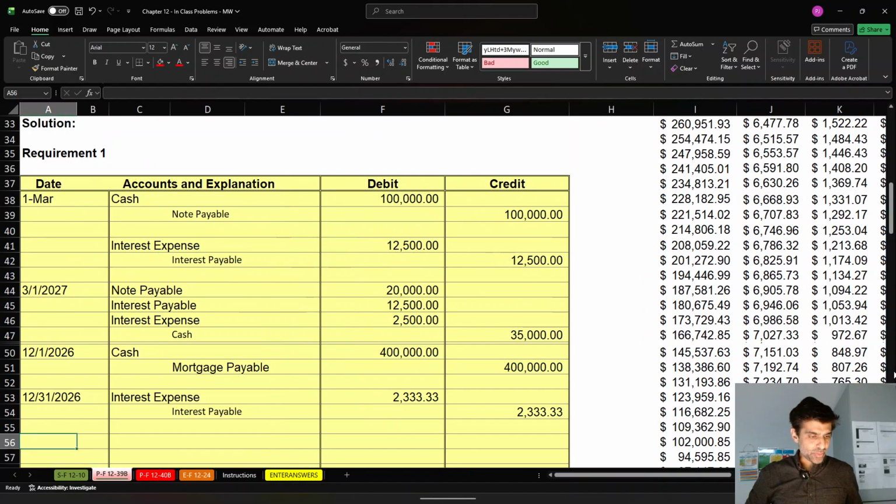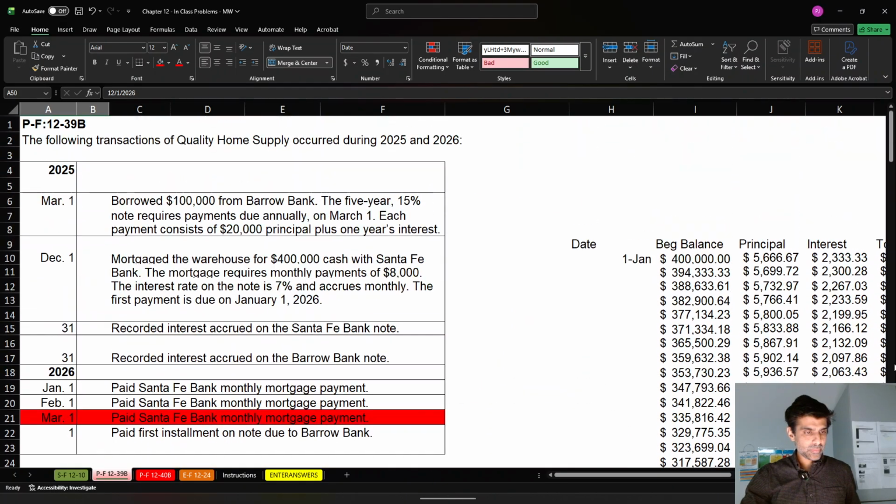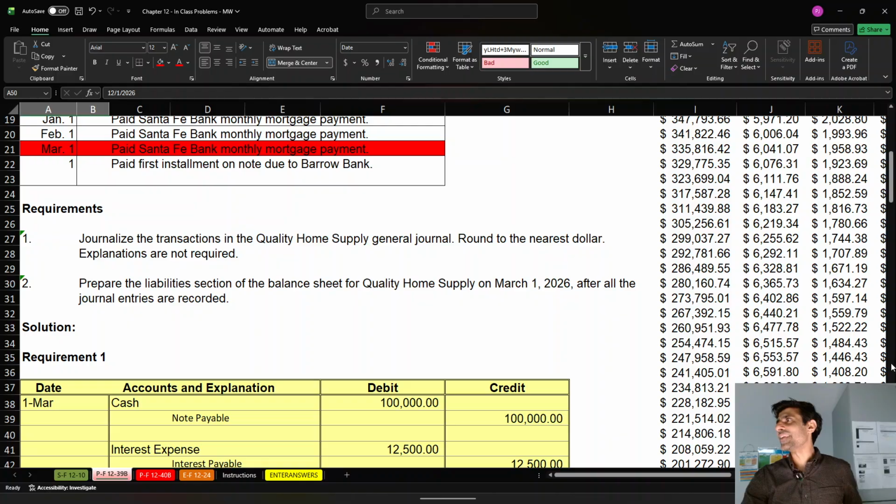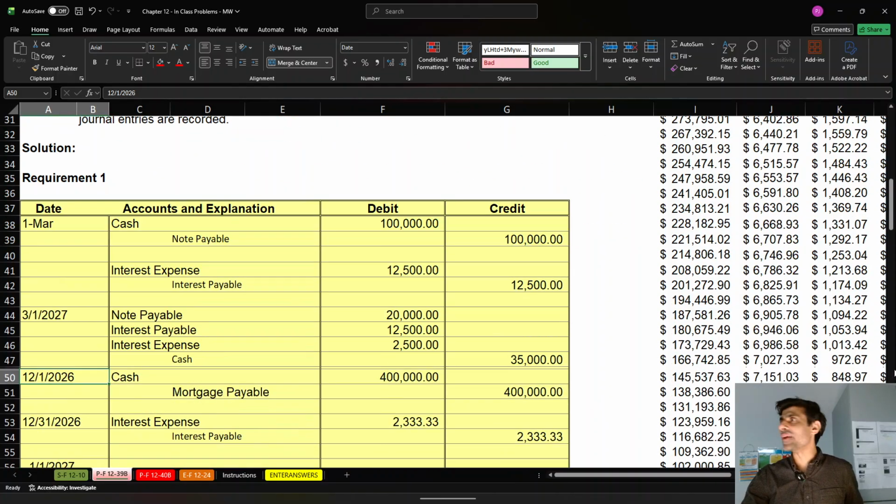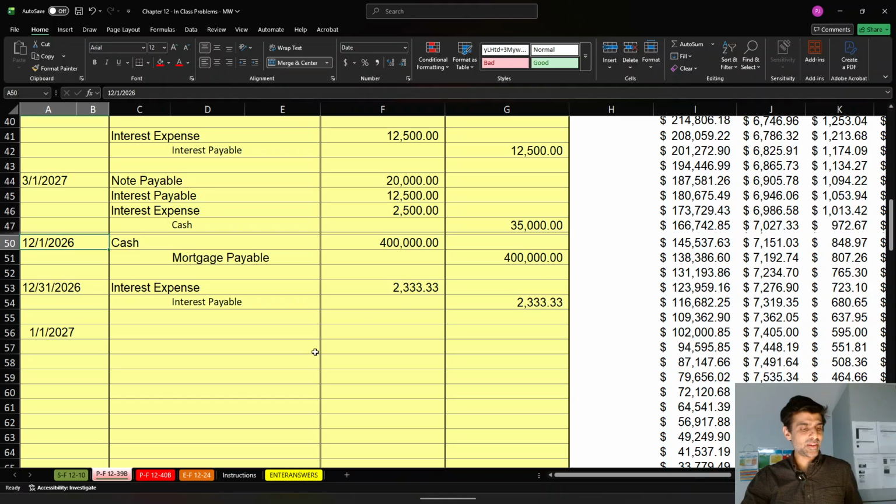Okay. And then on the first payment date, yes, just add a year. These should be 25 and 26 instead of 26 and 27.